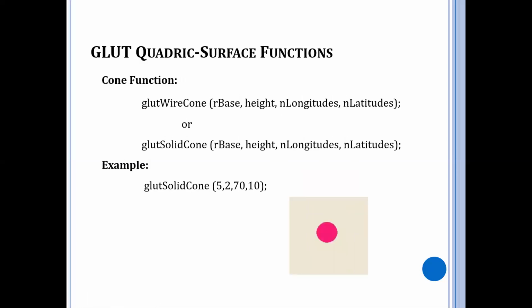Next comes the cone function for us, which is pretty similar to our sphere function, except that the arguments are different. Again here it can be represented as a wired cone or a solid cone. The arguments are r base, height, longitude and latitude, where r base is the radius of the cone base.